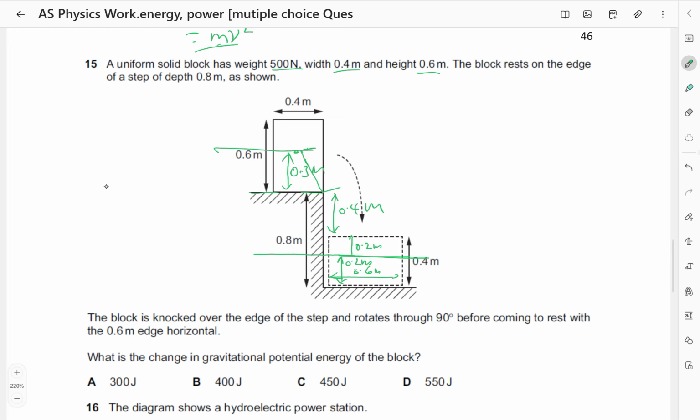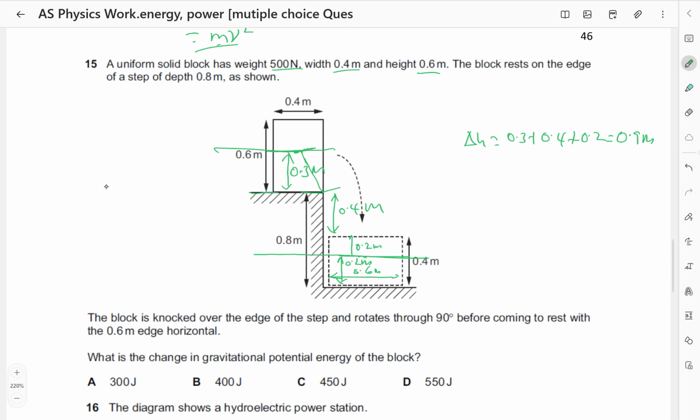So the total change in height is 0.3 plus 0.4 plus 0.2, which is equal to 0.9 meters. So the center of gravity, at the midpoint, changes through a vertical height of 0.9 meters.